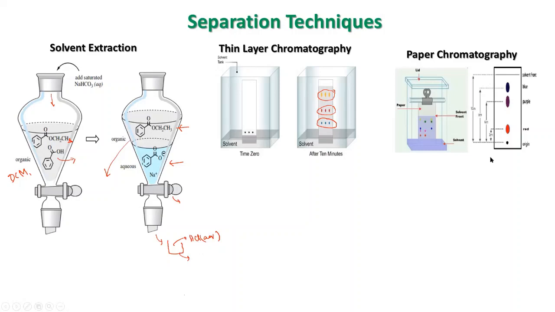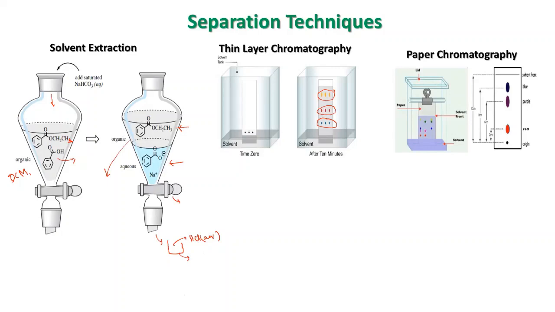It's just the same thing. Here, instead of a glass plate and solid support, we have just paper having good absorption property, so it can nicely absorb the drop of the compound and behave in a similar way. So here also you can do separation.